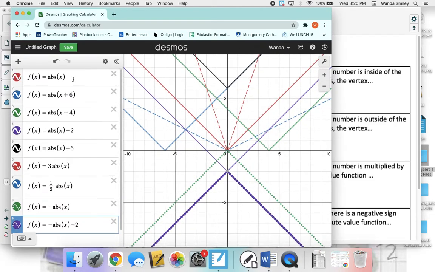So our original equation is this solid red line, okay? And then our next function shifted it to the left 6, but it was plus 6 on the inside. And then it shifted it right 4, even though it says minus 4 on the inside.